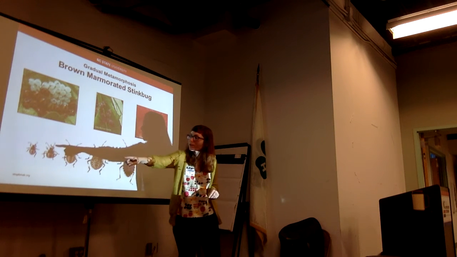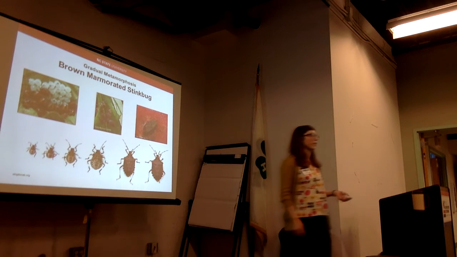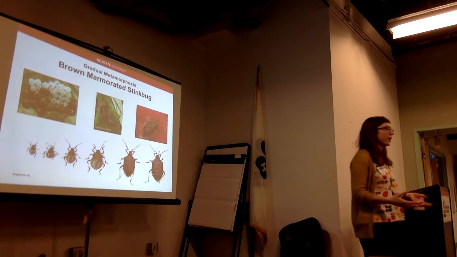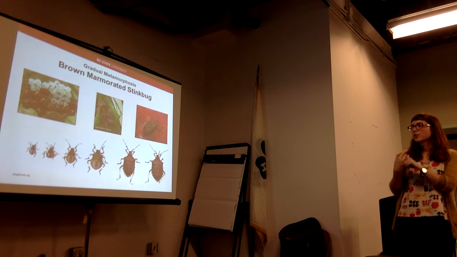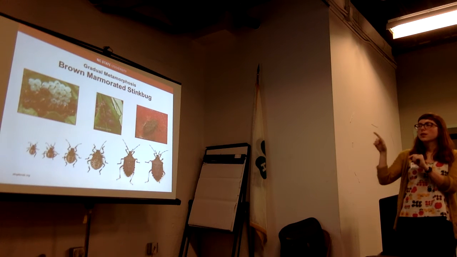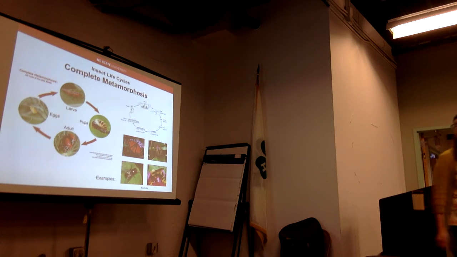As you can tell from this first stage all the way through to here, there's some changes in the shape, there's some changes in the coloring. Overall, though, it looks roughly similar. And so this is going to be, again, things like true bugs, cockroaches. A lot of insects go through this process, and this is kind of contrasted with complete metamorphosis.